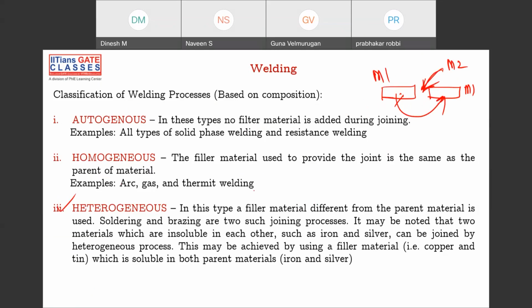Okay. So the example for heterogeneous welding will be soldering and brazing. I'll tell you why. Because you just join some plastic circuit boards with the help of some other material which are known as solders. All these things. The composition is different, right? Brass and all you'll be using, right? Fine. Next.